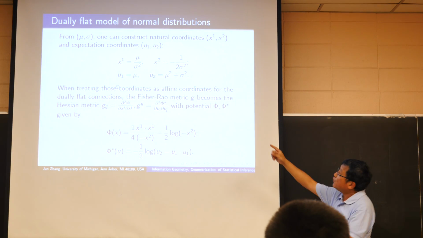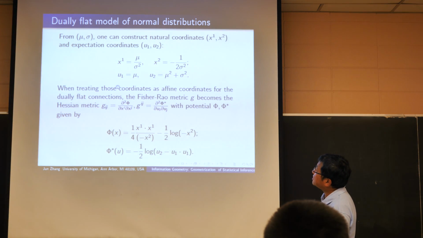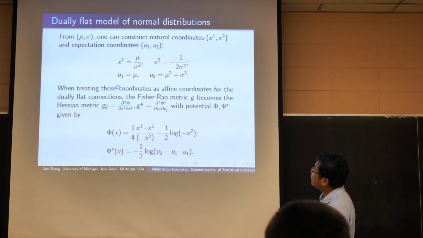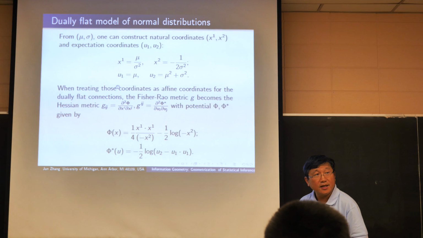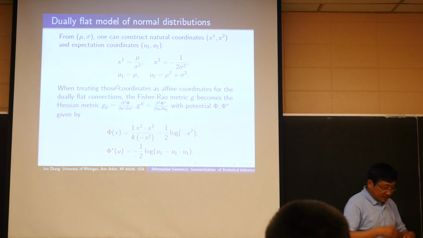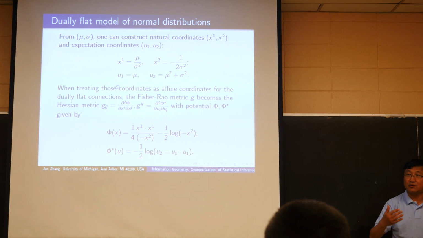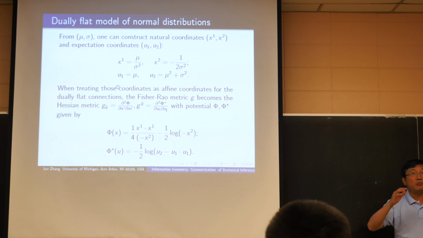If you think about the u coordinates, their meaning is straightforward: they are really the first and second moments, so the moment coordinates. That fact is very important as we move on to discuss statistical inference and what information geometry captures for us.